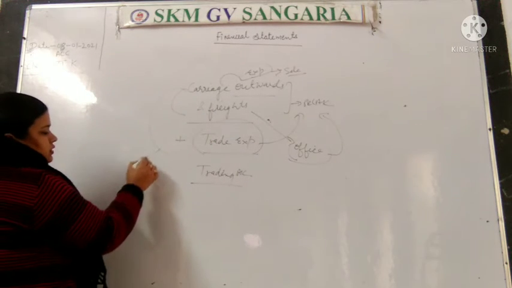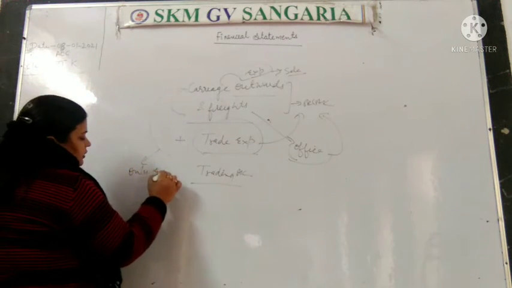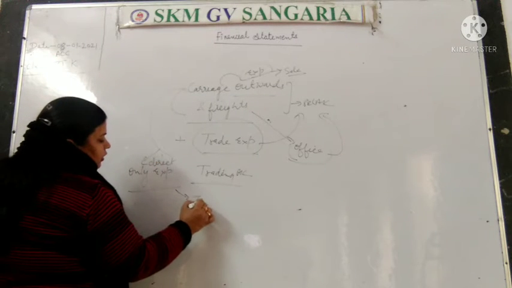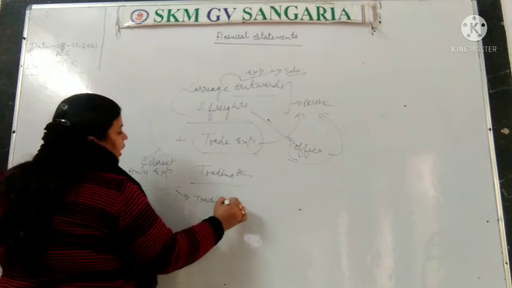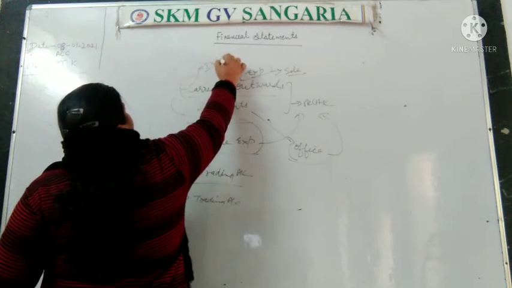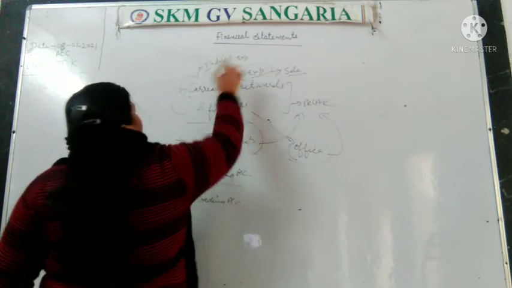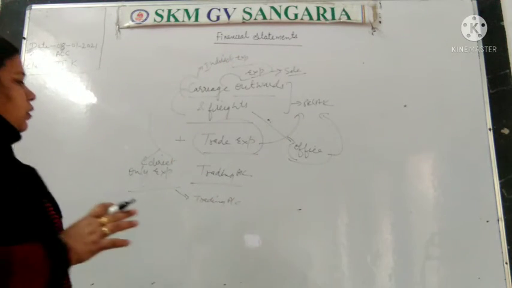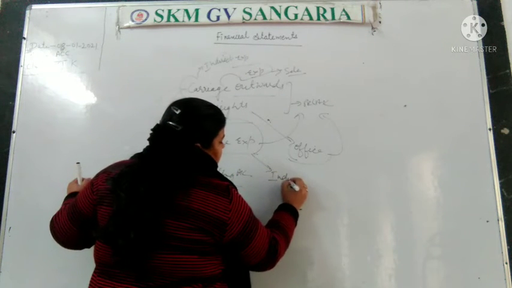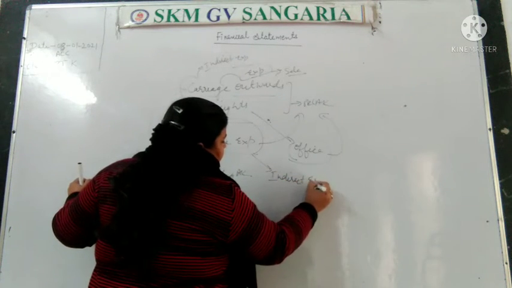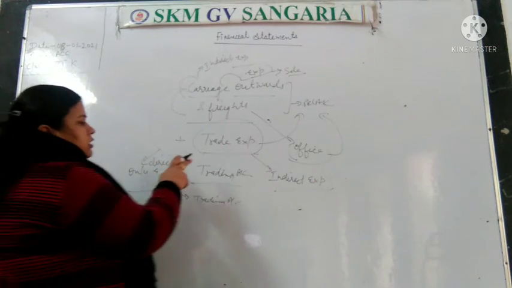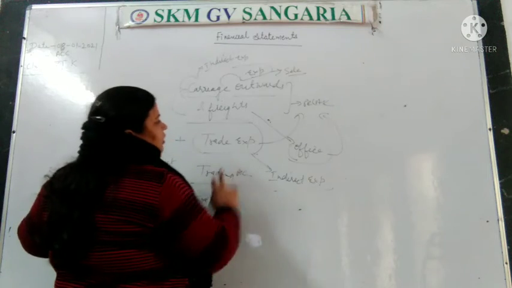Only the direct expenses will be written in the trading account, and carriage outward is a type of indirect expenses. Trade expenses are also considered as indirect expenses. So trade expenses will also be written in the P&L account.